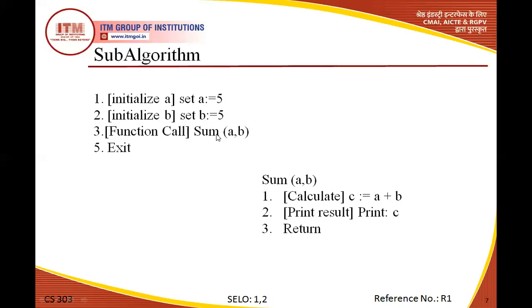So we pass these two values. When called, it calculates the value of c and then prints the value of c. Then by using return, we go to the next step, which is exit, and from exit we can exit from the program. So the sub-algorithm is called by the main program or by any other sub-algorithm also.